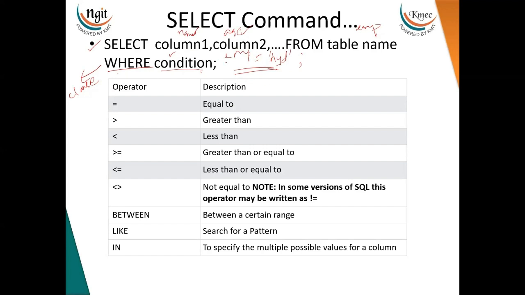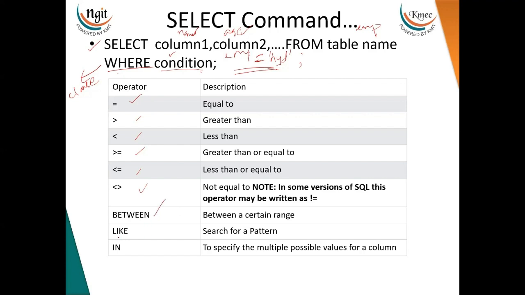Likewise, a condition is applied using these kinds of operators. You can observe that we are using an equal to operator here. These are all the relational operators you make use of when you work with a condition along with the where clause. Similarly, apart from that, we also have several compound operators.